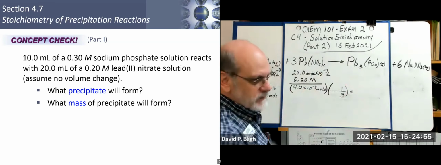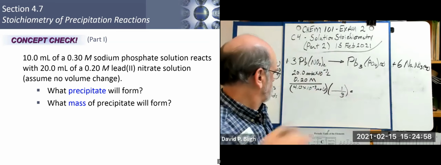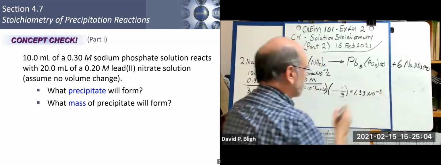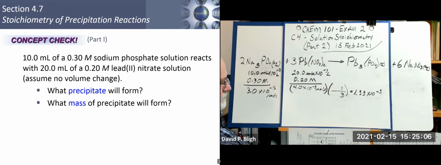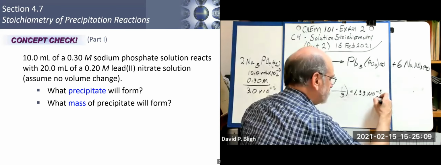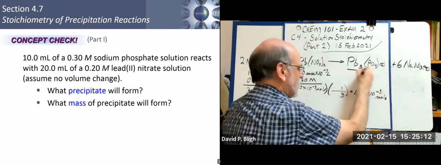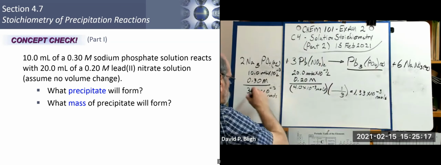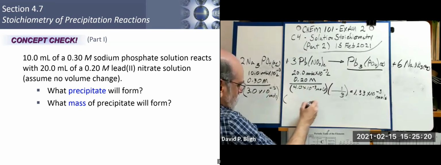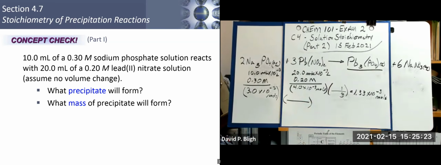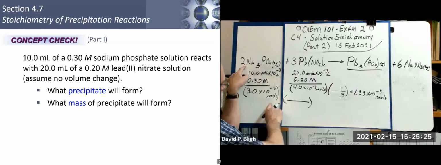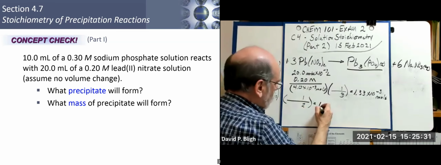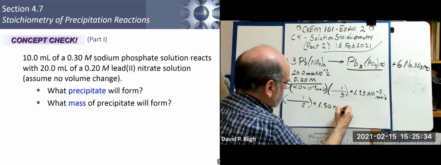So 1/3 of that, which should be 1.33 times 10 to the minus 3 moles of that compound. This one, what's the ratio there? Well, this has 2 to 1. So we just take half of that one, 1.5 times 10 to the minus 3 moles.